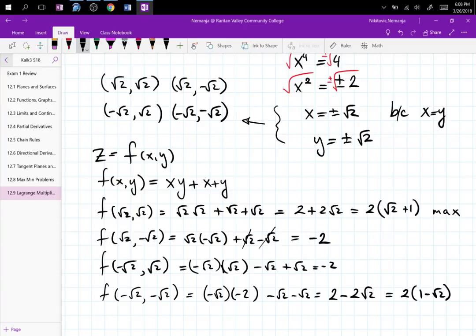So let's take a look at one of these problems. If the book ever... Oh, come on.